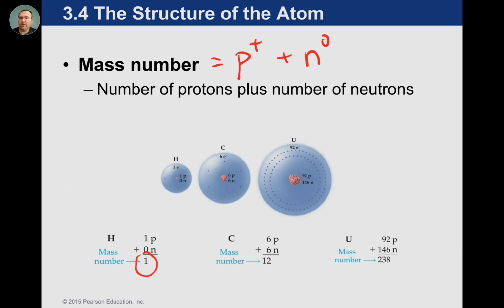But there are hydrogens that have a mass number of 2 because they have an extra neutron. Same thing with carbon 12, it would be 6 plus 6. Uranium 92 can make uranium 238 by adding 146 neutrons. So notice the atoms get bigger because they have more subatomic particles, both protons, neutrons, and electrons in this situation.